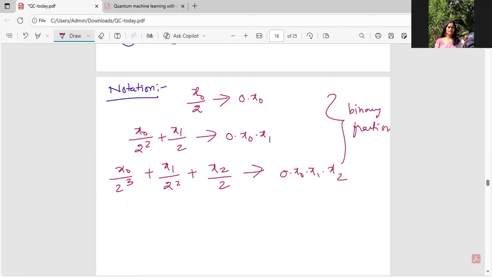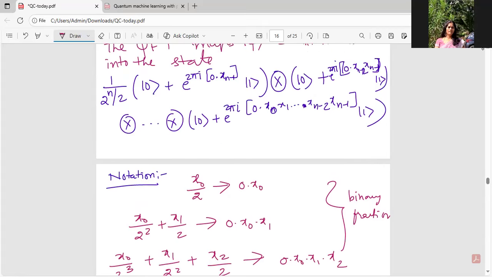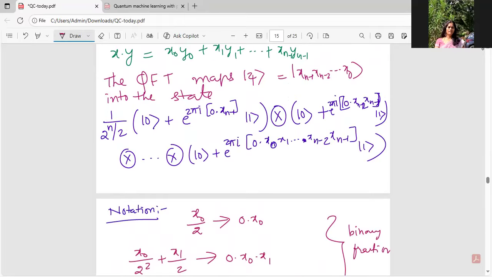We have the superposition states and the introduction of the phases here in the quantum Fourier transform. If you observe, of course, the superposition state, ket 0 plus ket 1, is there, along with the introduction of phases. I will write here so that you will understand.